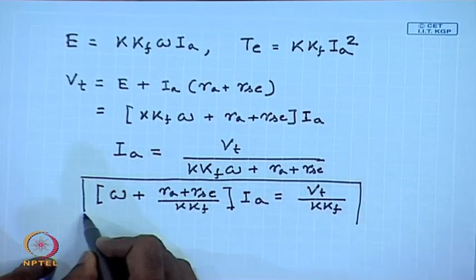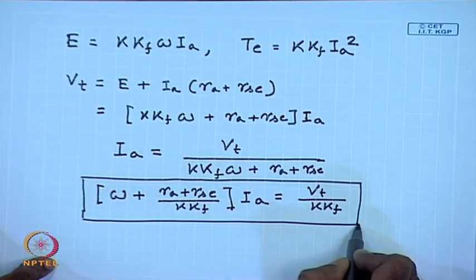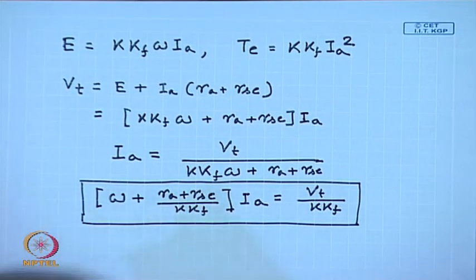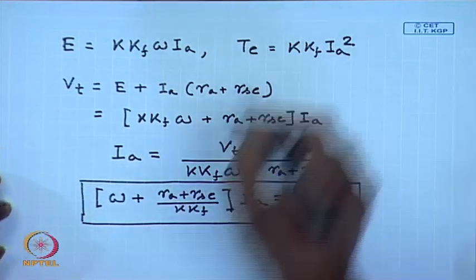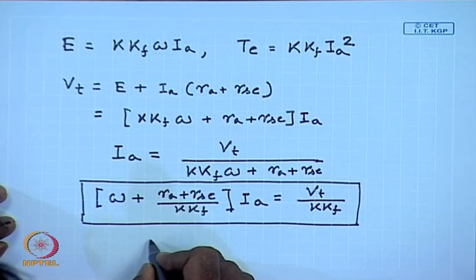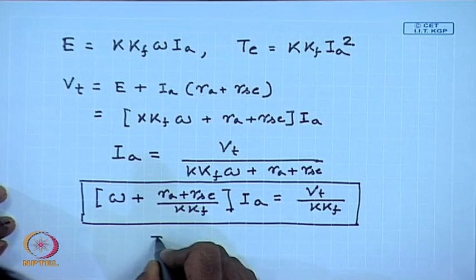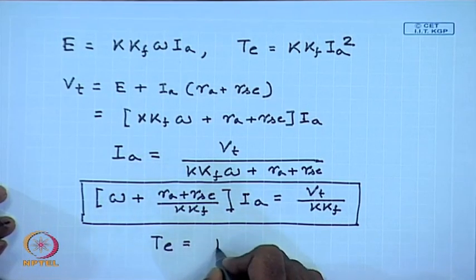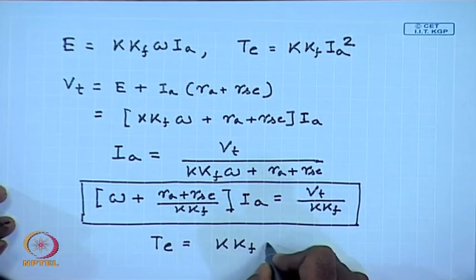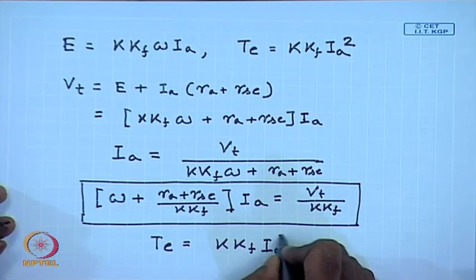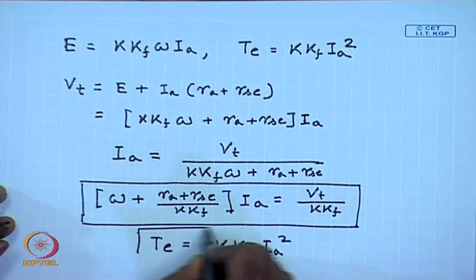We see this is like a rectangular hyperbola, whereas the torque current characteristics is T_e equals K k_f I_a square, which is the equation of a parabola.